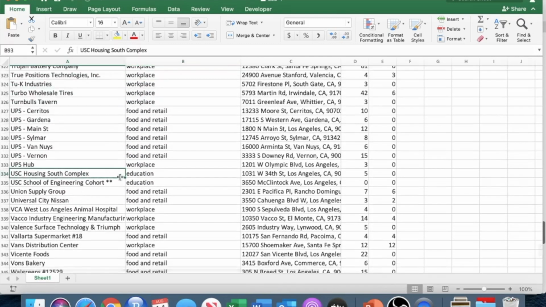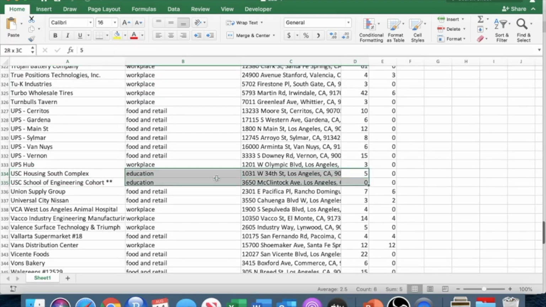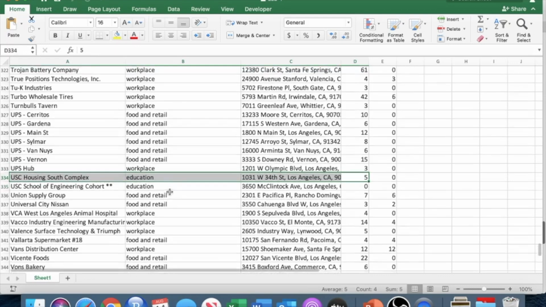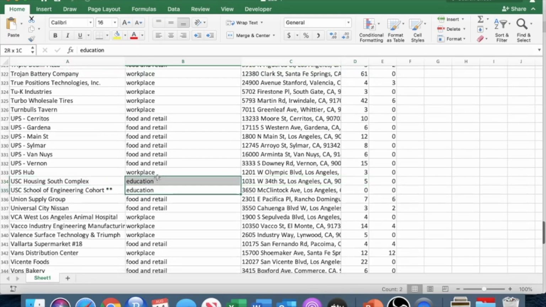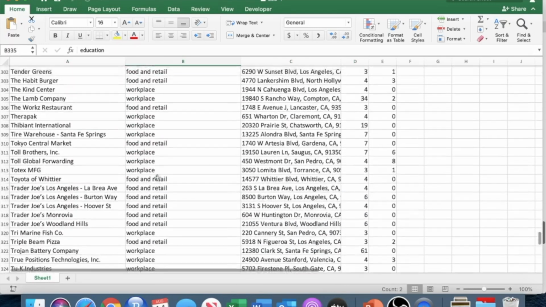Here we go, USC. I don't know why this showed up, but they have 5 confirmed staff at the Housing South complex at USC. There are only a couple of education because the colleges and schools have been closed.